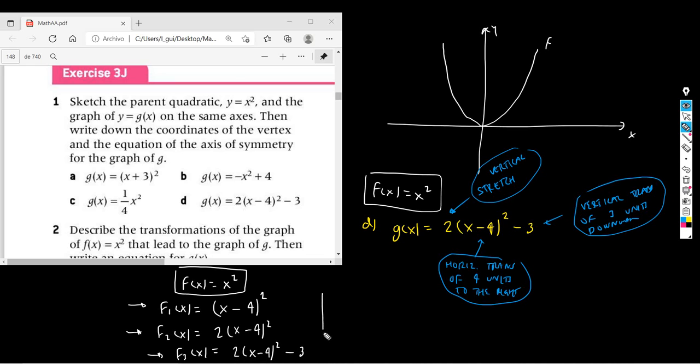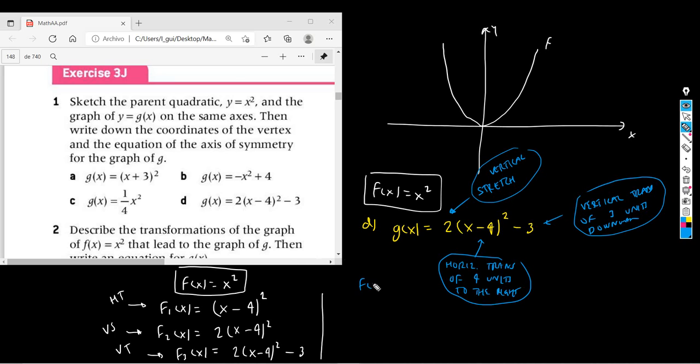Now I'm going to do it wrong for you to compare. This is the right order: first the horizontal translation, second the vertical stretch, and finally the vertical translation. Now let me do it wrong so that you can see an improper way to do this.